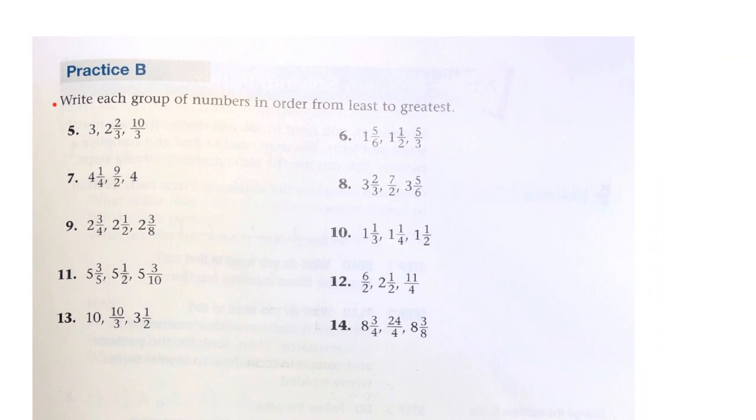Practice B. Write each group of numbers in order from least to greatest. So we can do some more practice. Start with number 6. So we have 3 numbers, 2 mixed numbers, and 1 improper fraction. So let's start with 5 over 3.